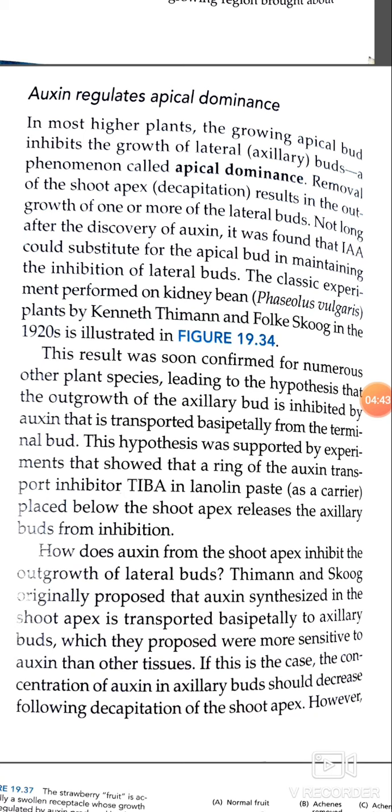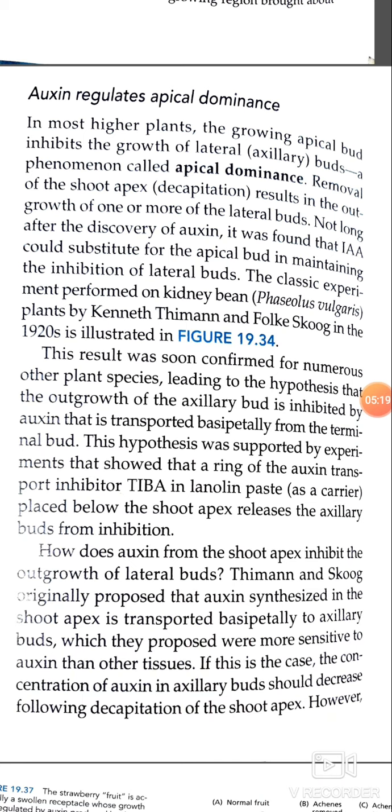The classic experiment was performed on kidney bean, Phaseolus vulgaris, plants by Thimann and Skoog in the 1920s. This result was soon confirmed for numerous other plant species, leading to the hypothesis that the outgrowth of the axillary bud is inhibited by auxin transported basipetally from the terminal bud.